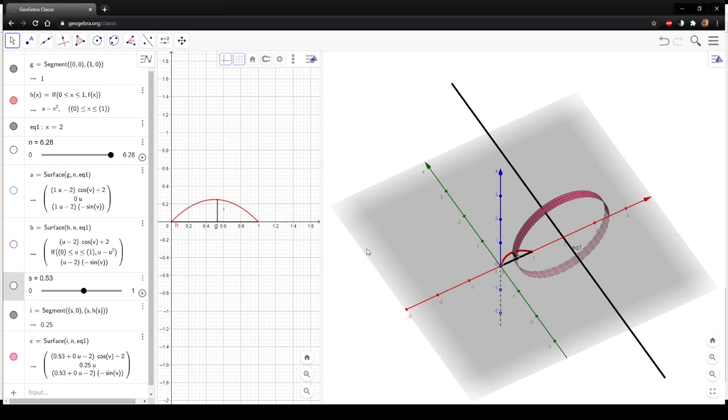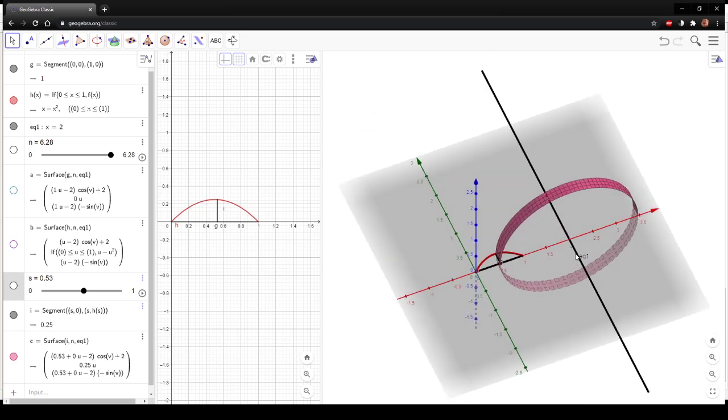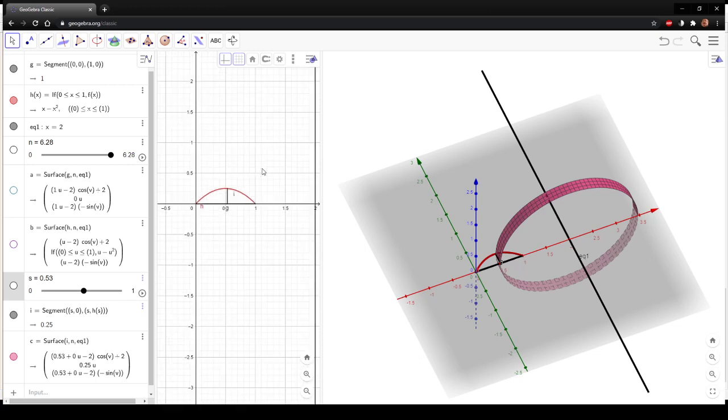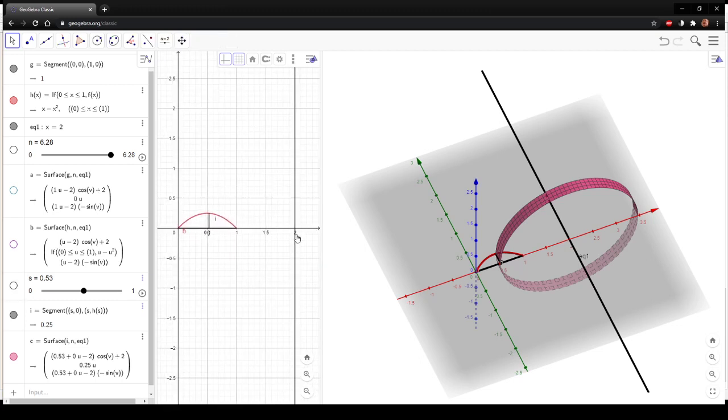Anyway, so we need the radius and the height of the shell. The radius of the shell is the distance from the axis of rotation to the slice. The axis of rotation is over here at 2. So the distance from 2 to the slice is 2 minus this chunk.